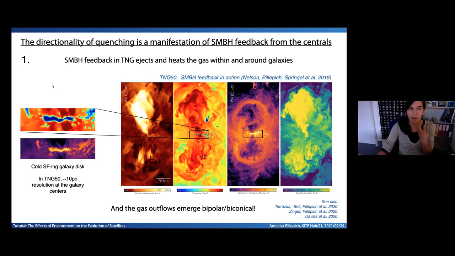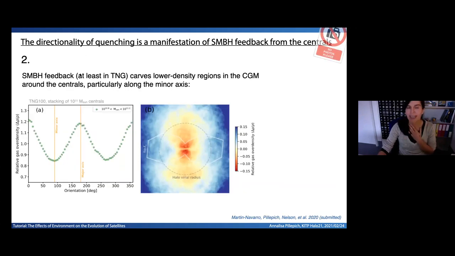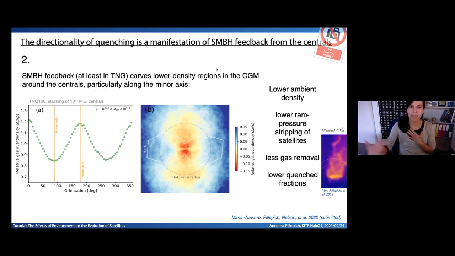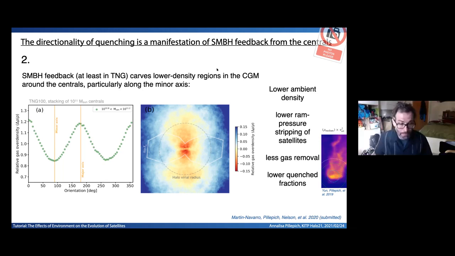In practice, what happens is that supermassive black hole feedback from the central galaxy, at least in TNG, carves lower density regions in the circumgalactic medium around the centrals, and particularly so along the minor axis. So if we plot the gas overdensity as a function of orientation by stacking many halos, we still see a difference. And I think that this lower density affects the possibility of quenching galaxies. Lower ambient density means lower ram pressure stripping of satellites, less gas removal, lower quench fractions.